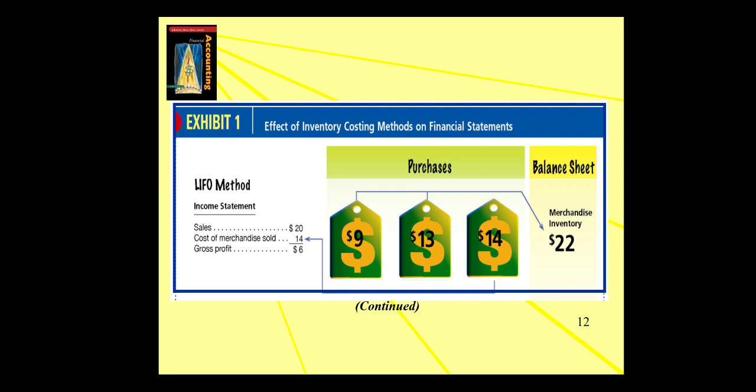How much is the ending inventory? The ending inventory is related to 2 products left unsold. The first product is at the cost of $9, and the second product is at the cost of $13. So 9 plus 13 equals $22. That is the second method.